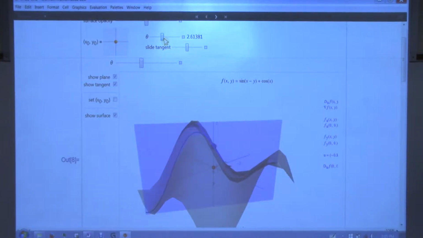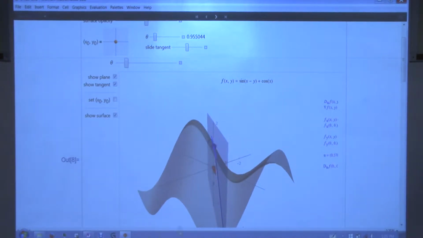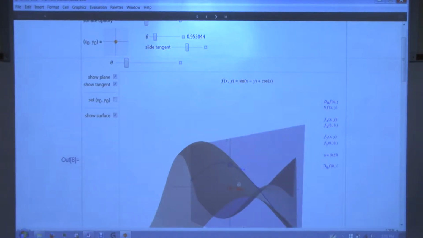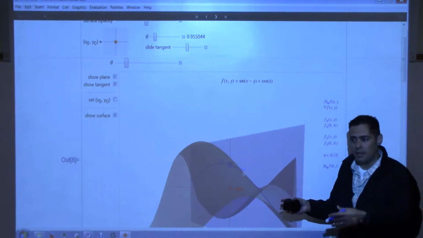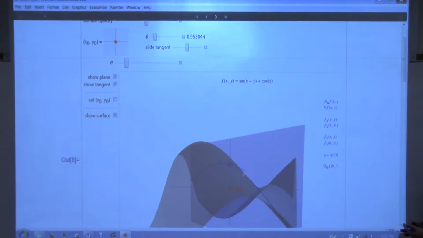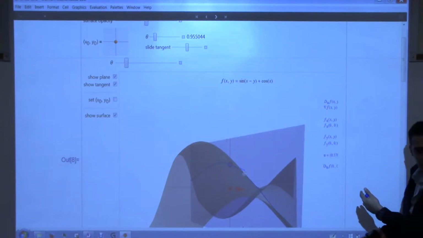And wherever I want to stop it, I can stop it. And once I stop it, I have another graph that's cutting through the curve, and I have another tangent line. So for every direction, I have some tangent line, don't I? And our goal is to come up with a formula that would represent that slope. Got it?